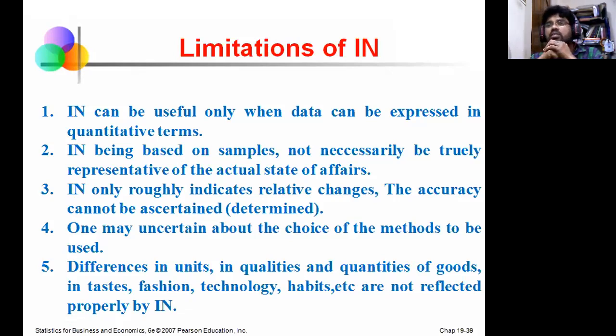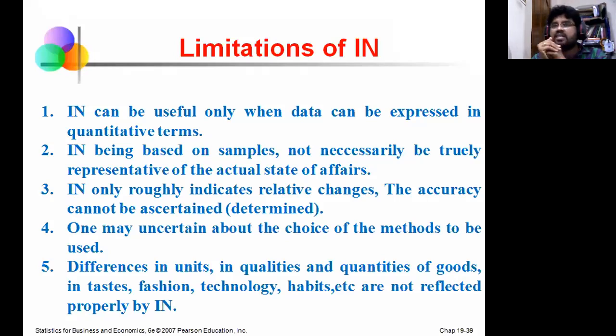So you may spend a lot on biryani, and I may not. Some people like to drink alcohol because they have the taste for it, and some people don't. So these are tastes, preferences and habits, and the index number cannot capture these things.